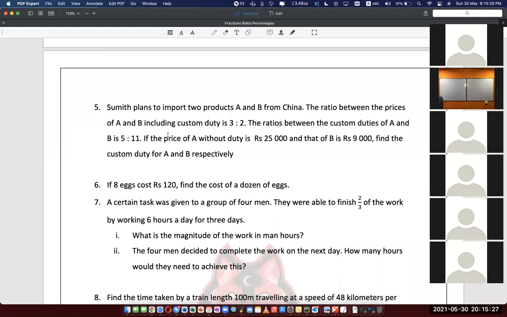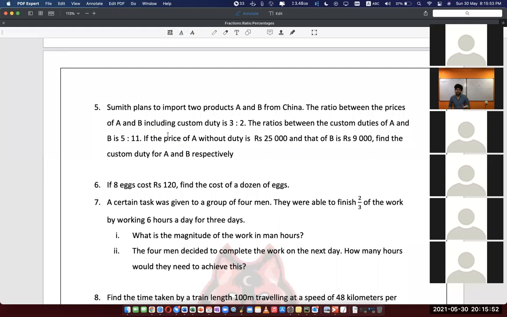So Sumit plans to import two products, A and B, from China. The ratio between the prices of A and B, including custom duty, is 3:2. So price including custom. You know what is custom duty, right?